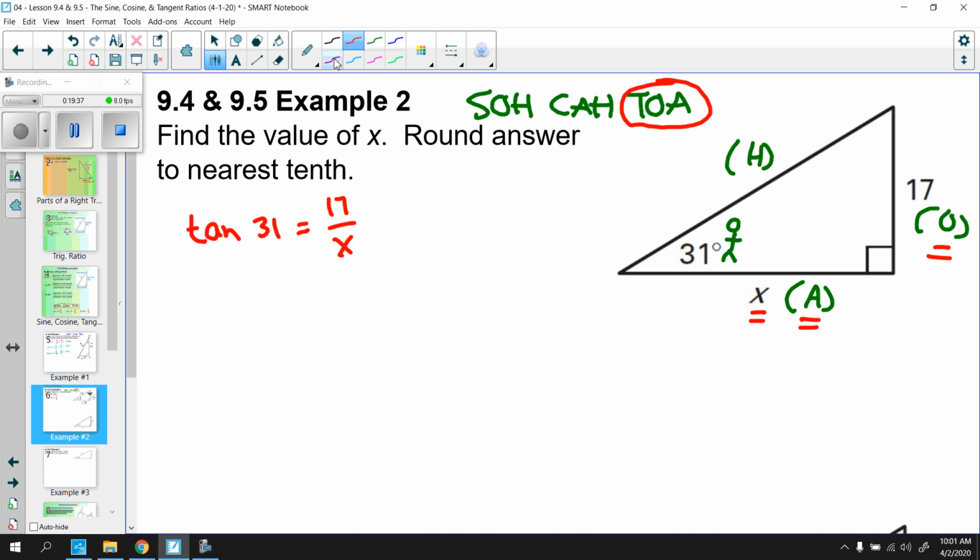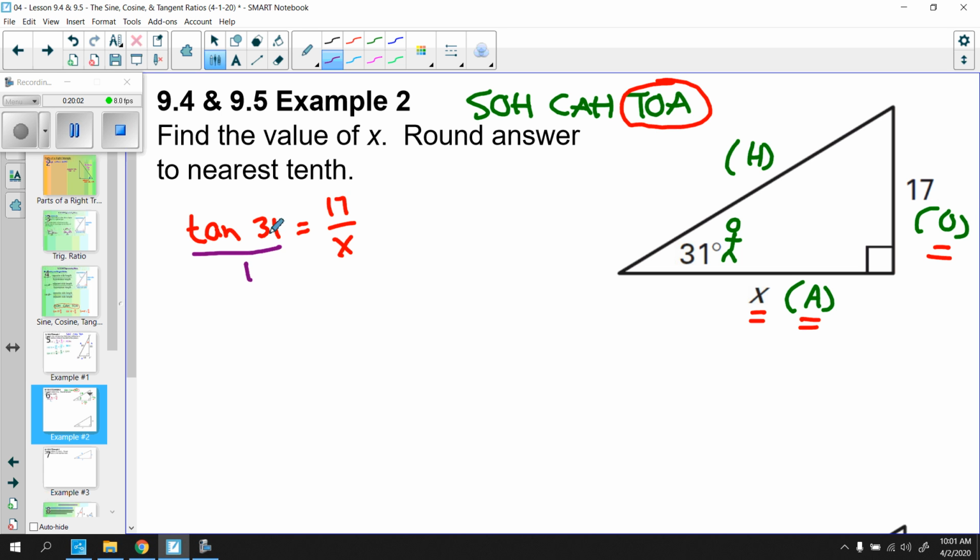To solve this, we've been doing so much with proportions, so let's stay with it. This is just a number, some decimal number, but it's just a number in the end. How can I turn this into a fraction? Let's put it over 1. Now I'm solving for x. The trig part is the setup. How did I get tan 31 equals 17 over x? Go back and rewatch it. We talked through it.